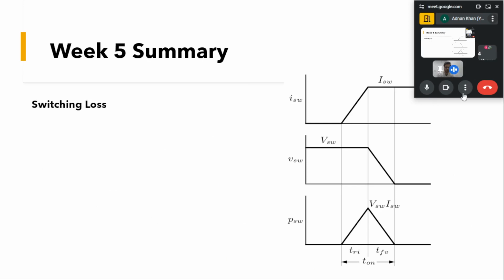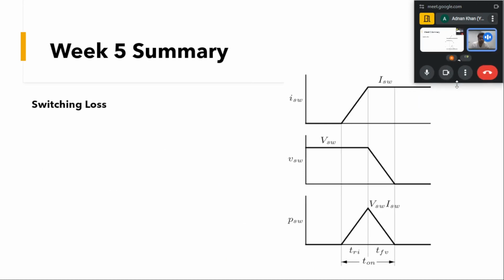So you can see here, let us consider, like we had seen for conduction loss, you have to understand. Now we will come to the switching loss. During the turn on of the devices, first the current rises from 0 to the maximum value, and after that the voltage goes from the maximum value to 0.